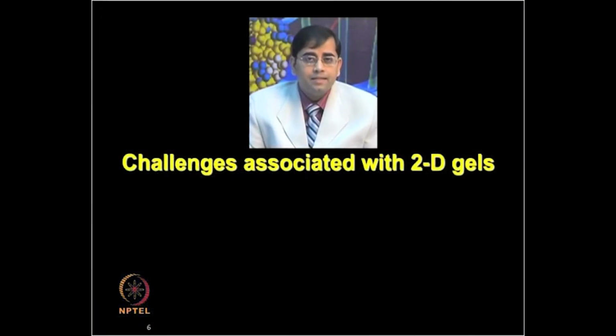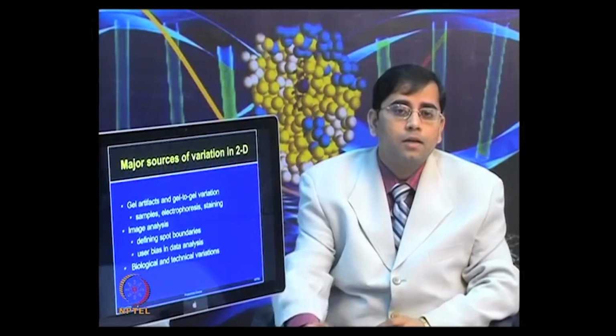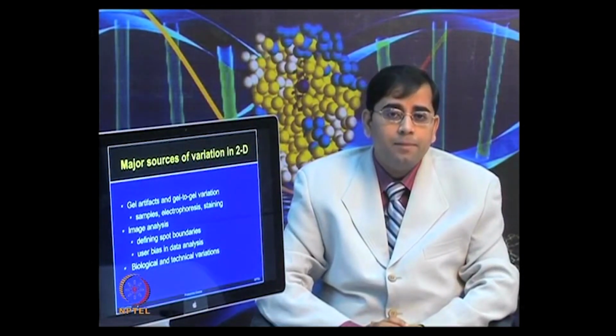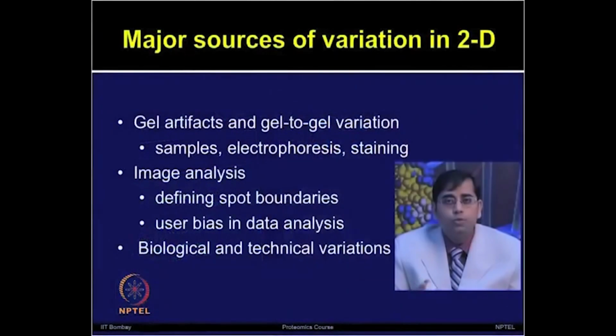There are various challenges associated with two-dimensional electrophoresis. Mainly, gel artifacts are major limitations. How to compare two gels, how to minimize the variations. Often, during the electrophoretic run, there is a lot of run to run variation. Then, you have different types of technical and biological variations.